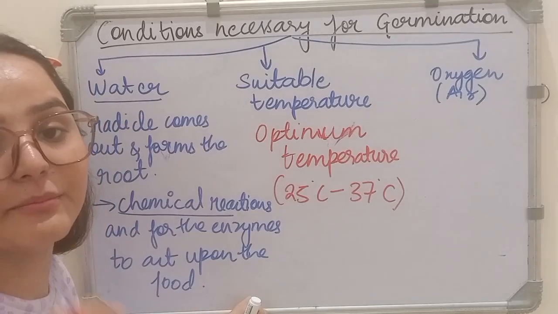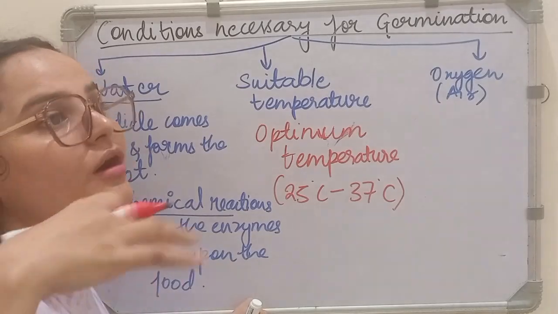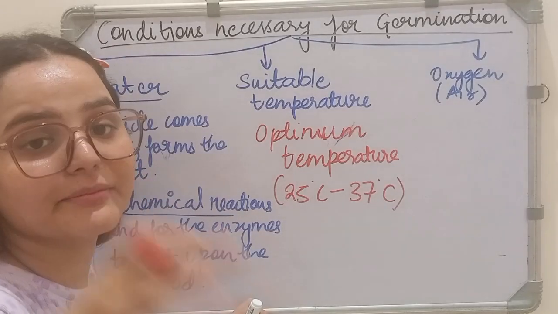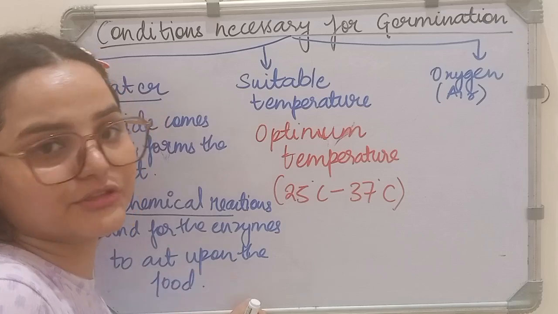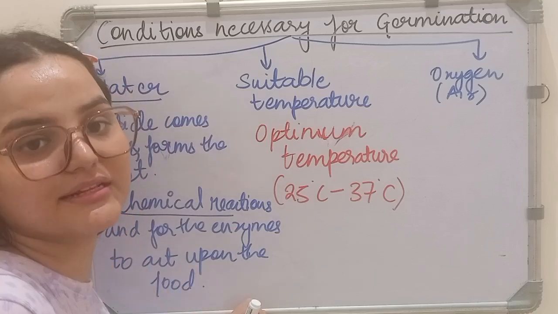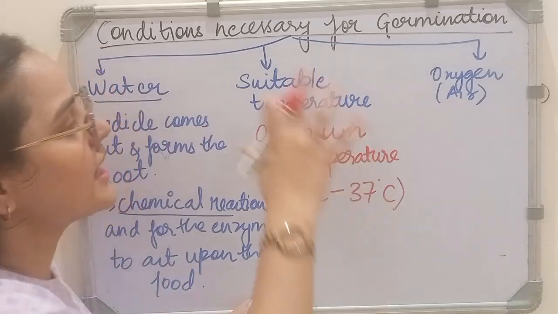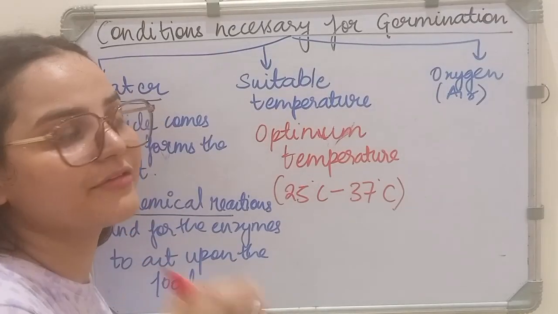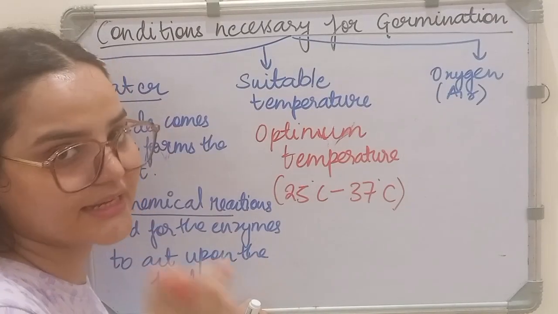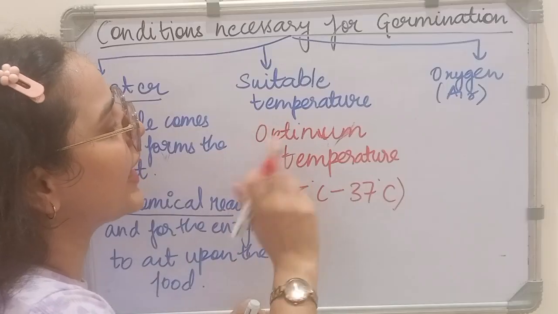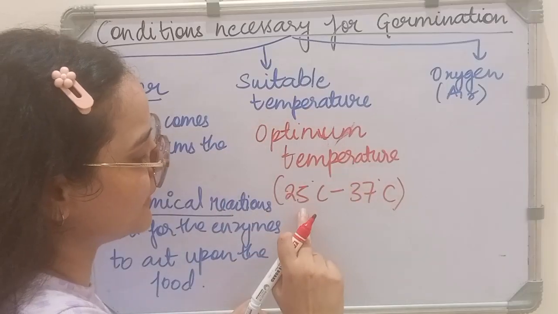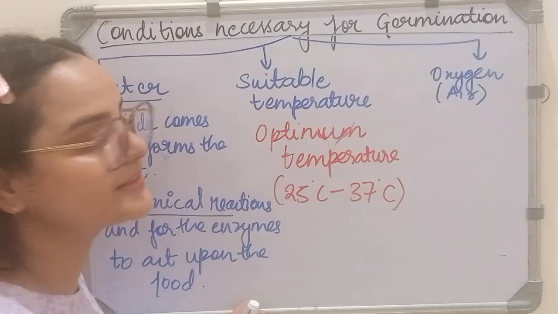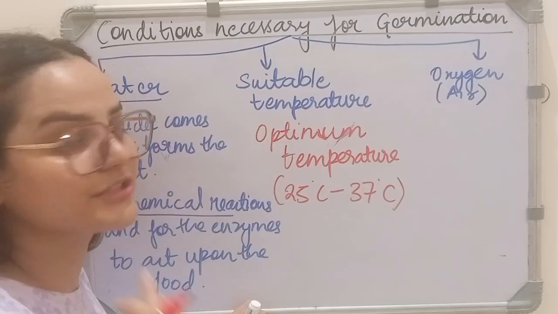If the temperature is too high, like 45 or 50, or too low, like 0 degrees Celsius, minus 10 degrees Celsius or 4 degrees Celsius, the seed will not be able to germinate. Of course, there are a few exceptions, but in most cases the seed requires an optimum temperature of 25 to 37 degrees Celsius for germination.